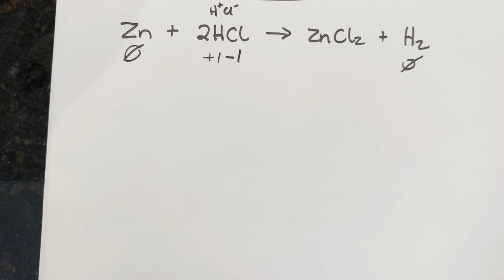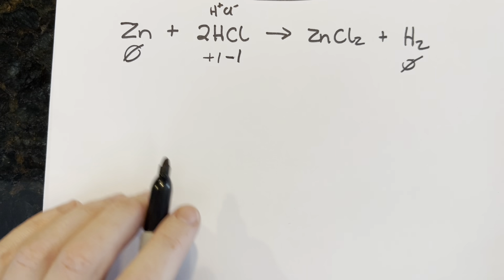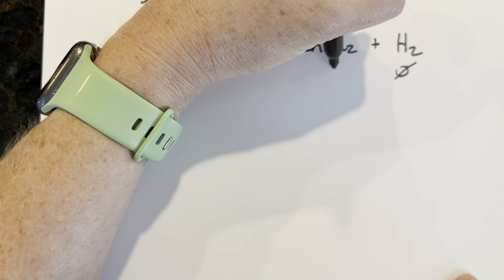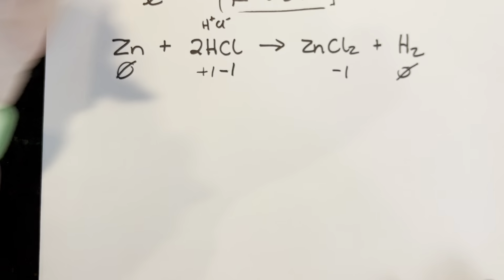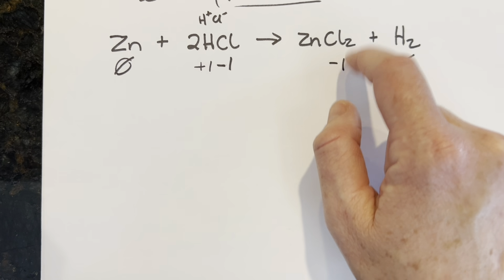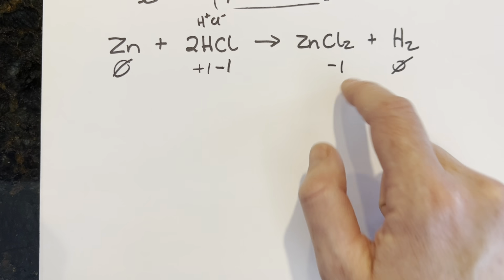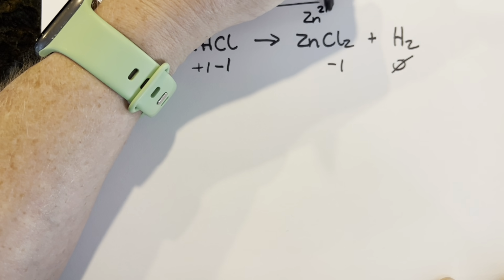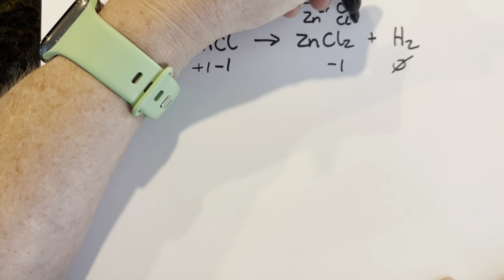All right, now we look at zinc and chloride over here. We know that there are 2 chlorides and each of them has to be -1. So we write just that for the one of the chlorides, again, not for both of them. And it's a hard habit to get used to. But this is a zinc 2 plus and 2 Cl minuses.